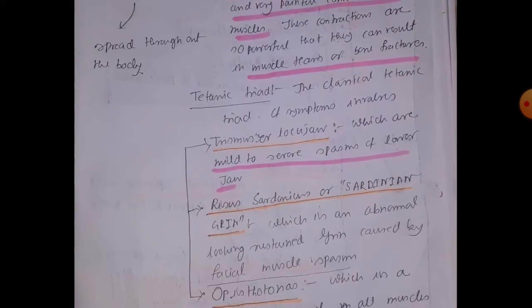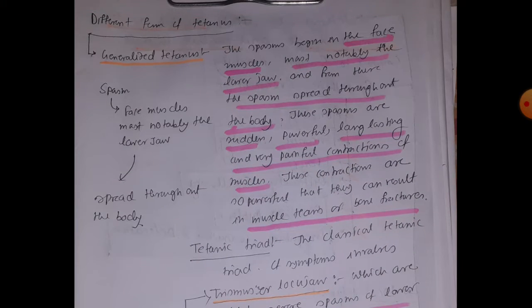So that is the thing about generalized tetanus. Generalized tetanus starts with spasm in the lower jaw of the facial muscles, and from there the spasm will spread to the rest of the body.